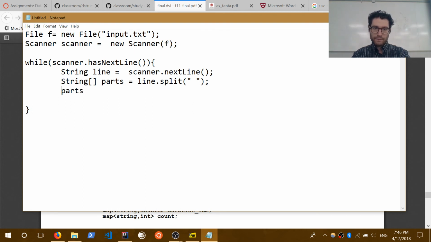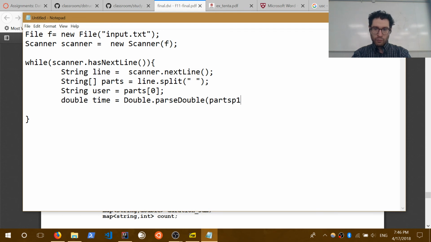We can say String user is equal to parts, the first part, and then the second part is their time, which is equal to Double.parseDouble(parts[1]). Okay? So we've got the amount of time this takes up.